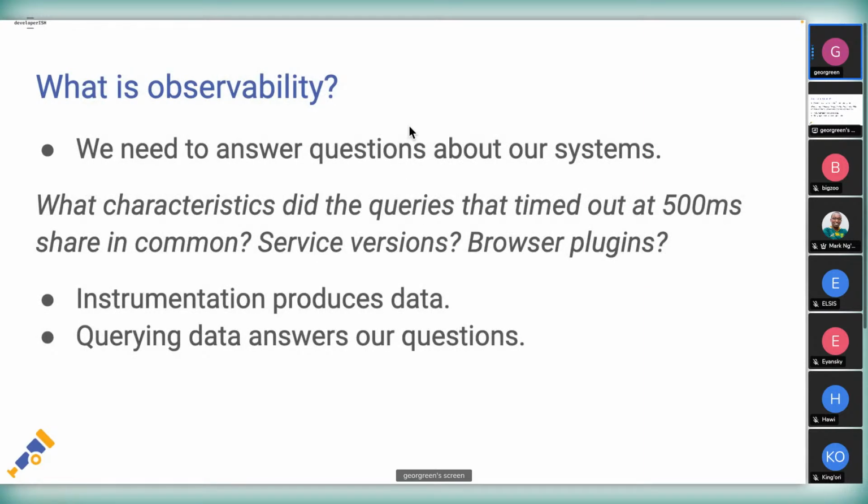So I think I've answered what is observability. Again, it's this idea of you have a black box and you need to understand it by just looking at its output. So then the question becomes, how do we get this output? There are multiple ways you can look at this. You can just use the output only, or you can instrument your application to produce data that helps you understand your systems.